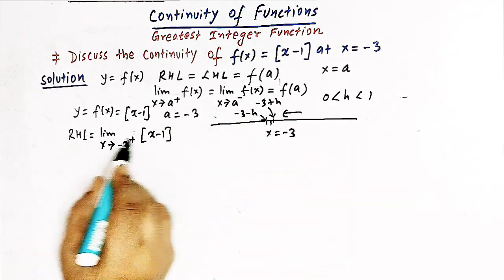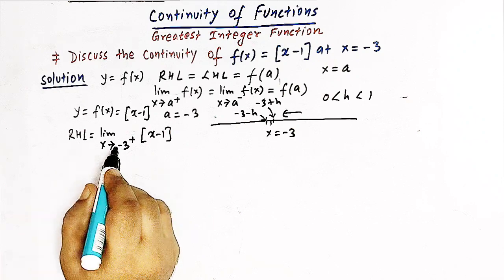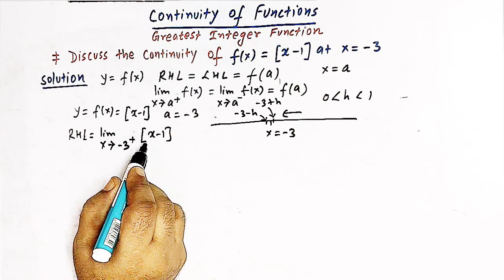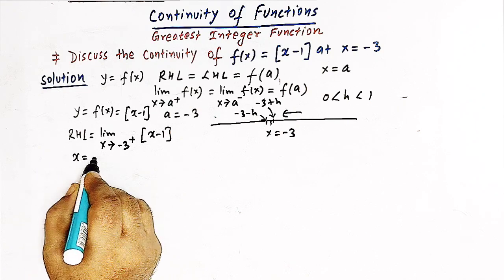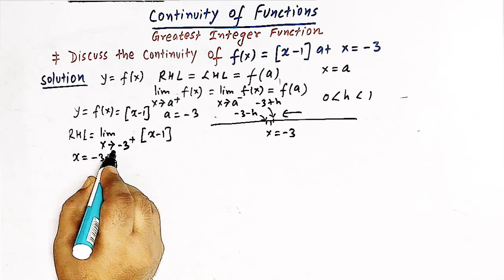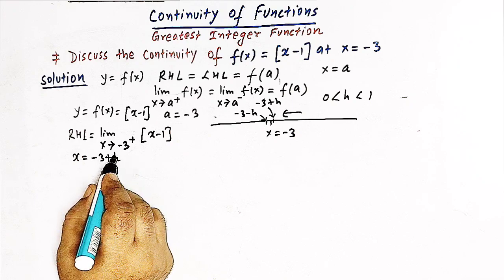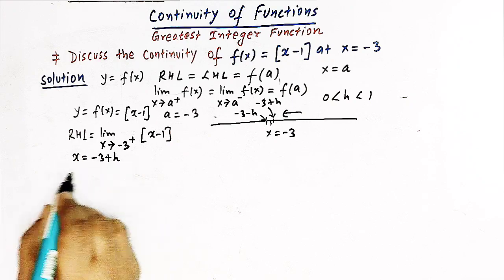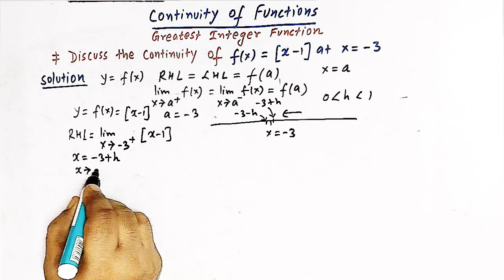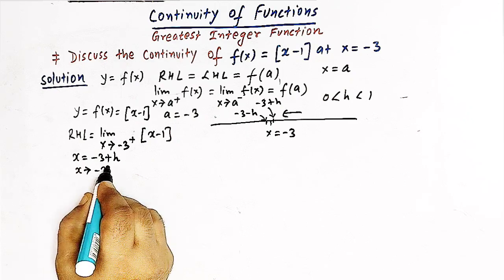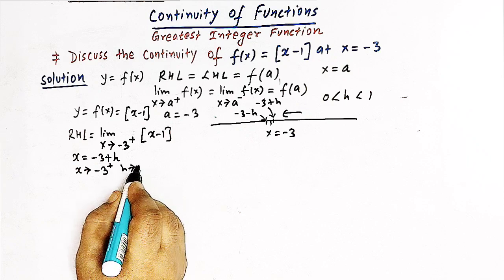To get the right hand limit, we now transform this limit in terms of h by substituting x equal to minus 3 plus h, where h is infinitesimally small and positive, and when x approaches minus 3, h tends to 0.